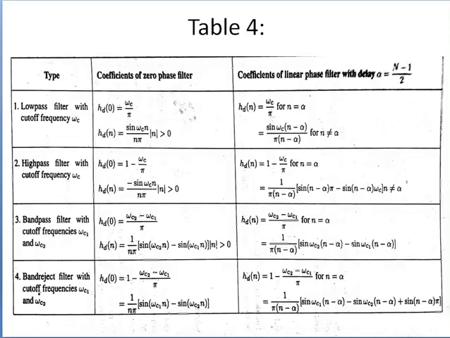Kindly follow this. Next one is table 4. Here, as I said earlier, zero phase filter is there, linear phase filter is there. In the case of zero phase filters, the Hd of n formulas are included here. For the linear phase filter also, I included the Hd of n formulas.